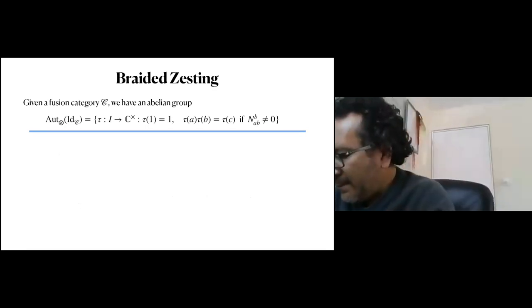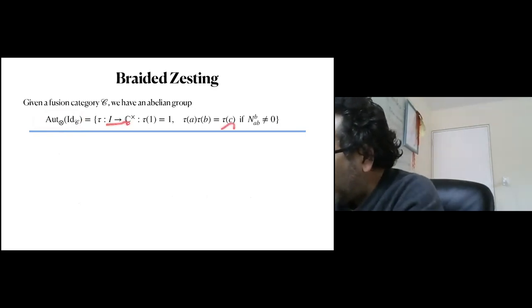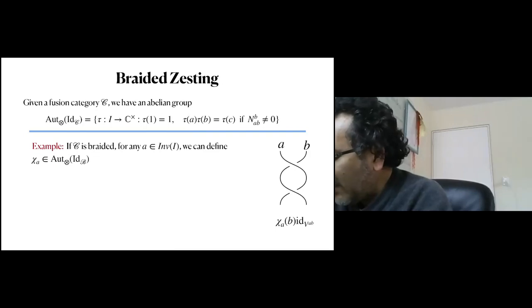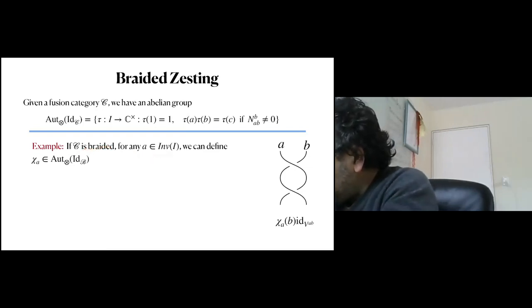First, the tensor automorphisms of the identity. This has another description, which is just to assign a scalar in such a way that it is compatible with the fusion rules. And one example that is also important for the definition is the following. Suppose that you are in a braided category and you fix one invertible object. Then when you do the double twist of this, you get an automorphism of a simple object to a simple object.